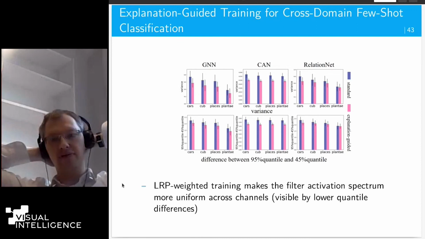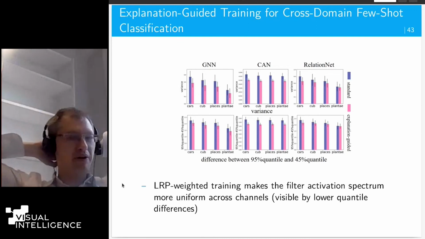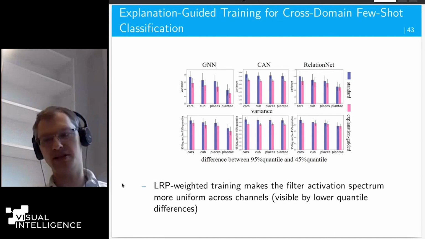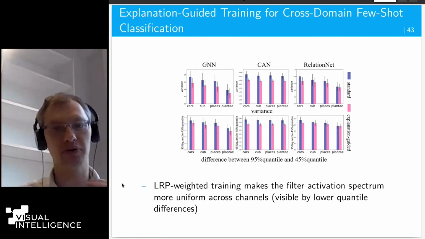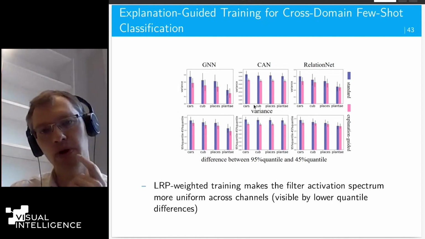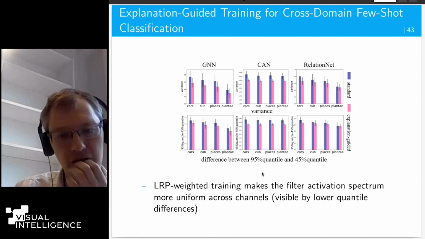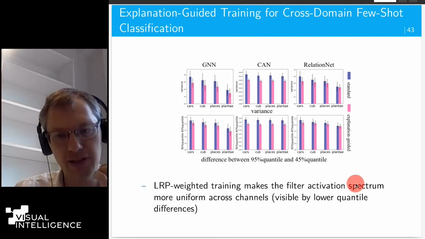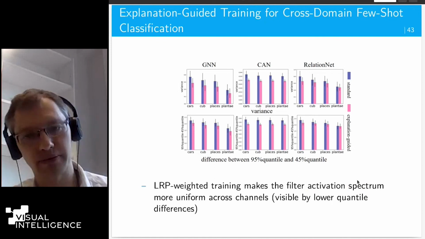And then we asked ourselves, of course, why do we improve performance with this weird procedure of reweighting features during training only? And we looked at the following. That's in principle the last slide of the talk. We looked at statistics of the variance in the filter activation spectrum of the feature map.